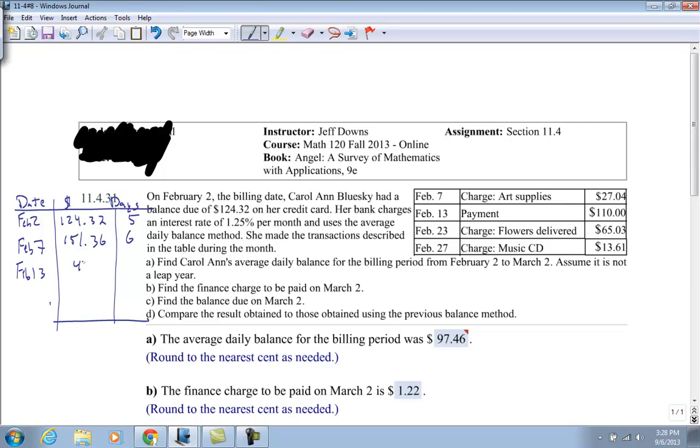So we're at 41.36. Then it changes on the 23rd, so that was for 10 days. On the 23rd, we add 65.03 for flowers. My gosh, that's expensive. So we're at 106.39.